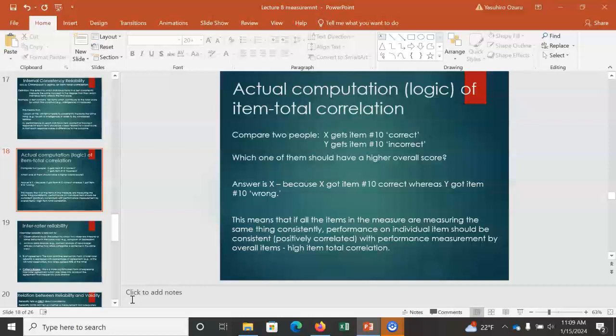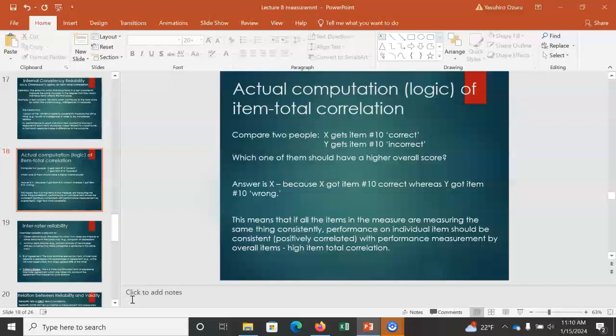The extreme case is, let's think about an exam. The exam has one question where the person with the highest score gets this question wrong, but the person with the lowest score gets this question right. In that case, this doesn't make sense, because the high performing student gets the question wrong, but the lowest performing person gets this question right.